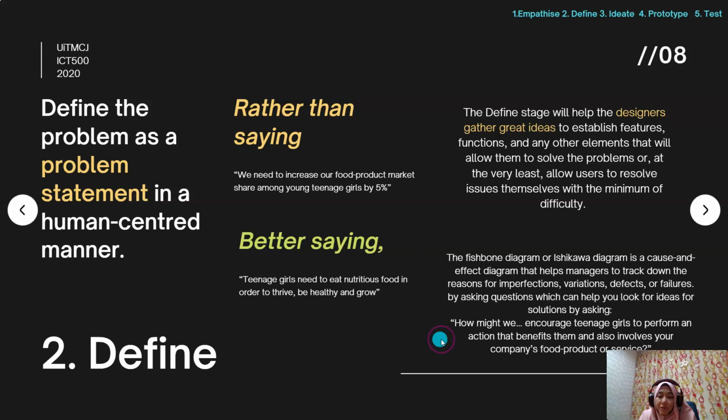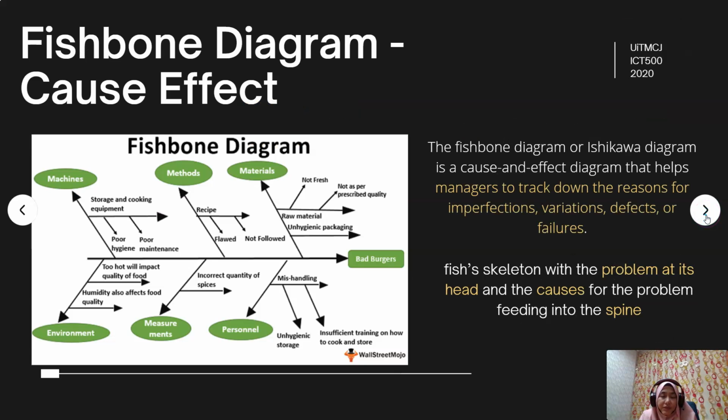For example, by asking a question: how might we encourage teenage girls to perform an action that benefits them and also involves your company's food product or service? This is an example of the fishbone diagram.